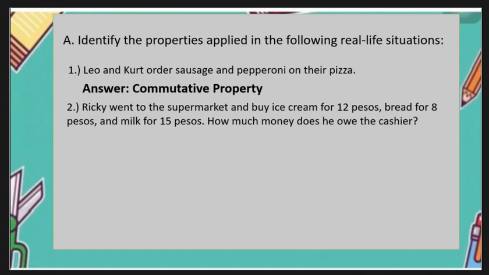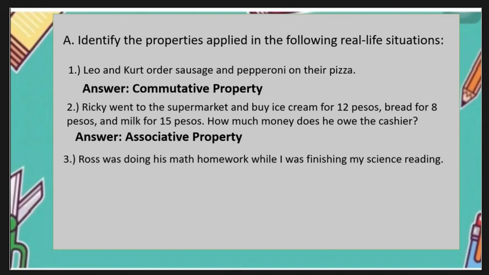What is your answer? Okay, that is associative property. Okay, next. Number 3. Rose was doing his math homework while I was finishing my science reading. What kind of property? That is still commutative property.